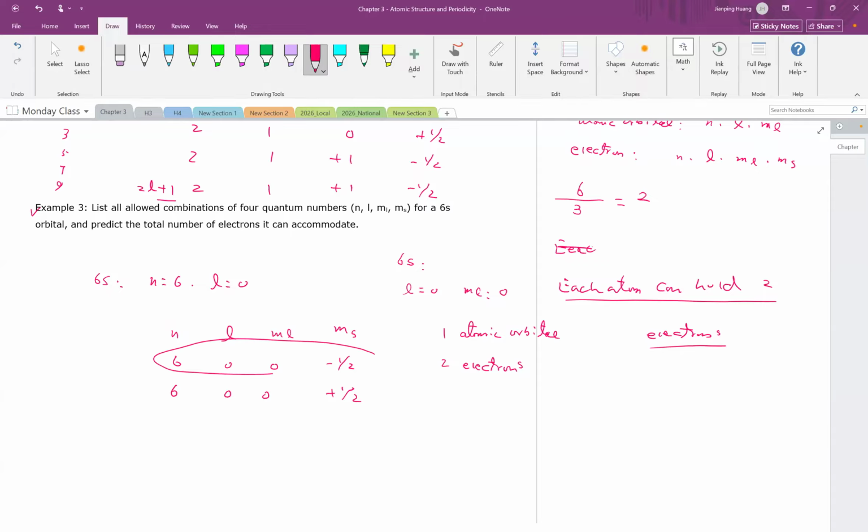So here is 1 electron. Here is the second one. Got it. So we can say 6s squared. And that square should be 2 electrons, such as in the previous one, we said 2p6. 6s2, 2p6, we are going to use in a minute.